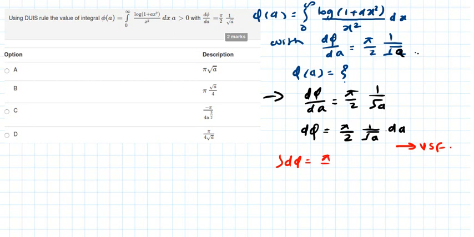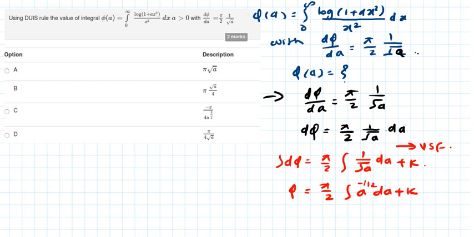So pi by 2 is constant. So integration of 1 by root a dA plus some arbitrary constant k. So integration of d phi is phi is equal to pi by 2. Integration of 1 by root a is nothing but integration of a raised to minus half with respect to a plus k.